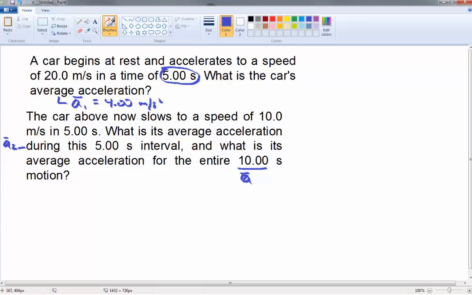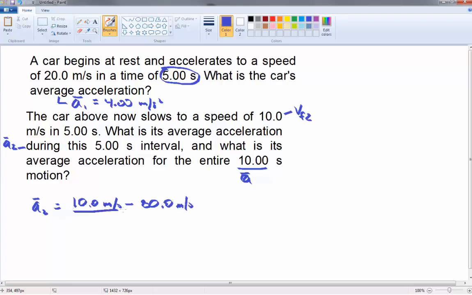So how are we going to find each of those? Well, A2 we can get by using the final speed, 10 meters per second. This is V final 2. It would be 10.0 meters per second minus the initial speed in that interval, which is actually 20.0 meters per second.